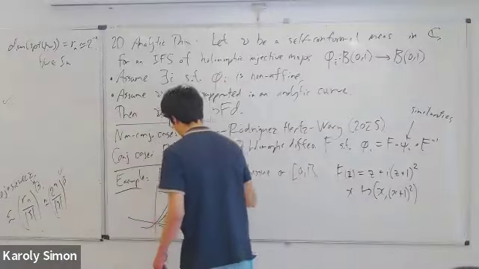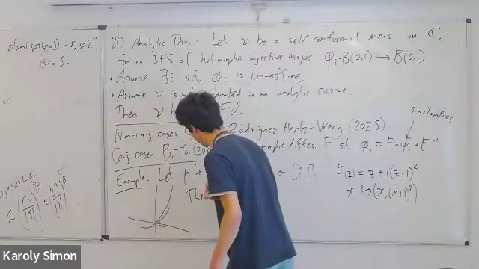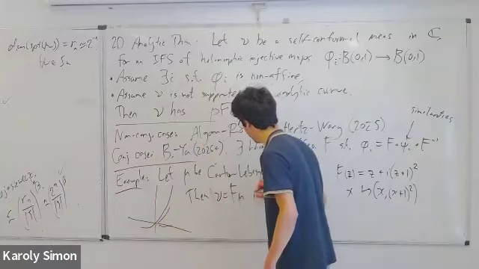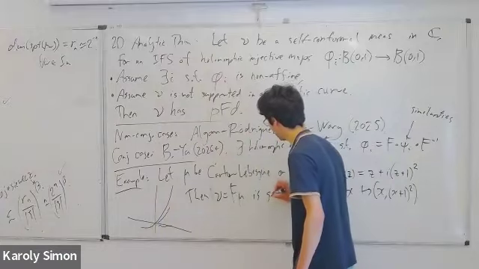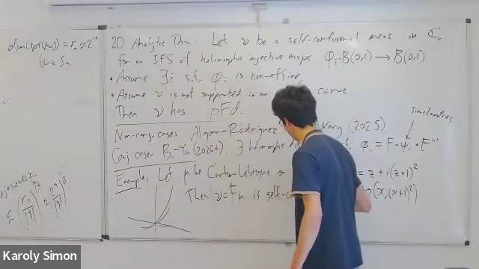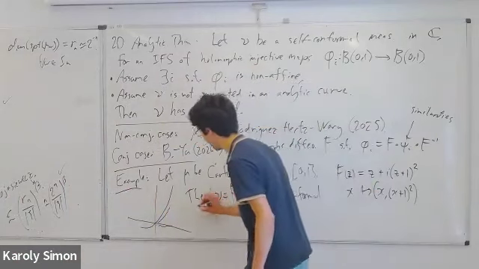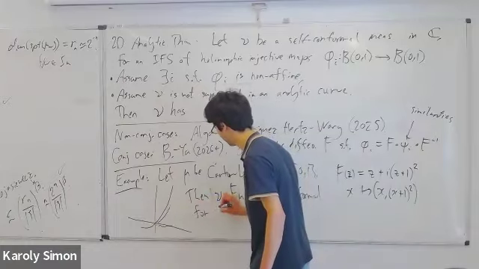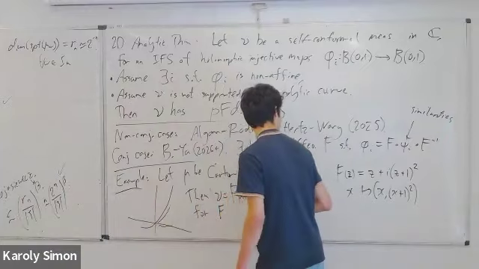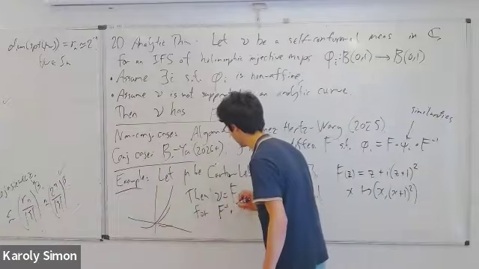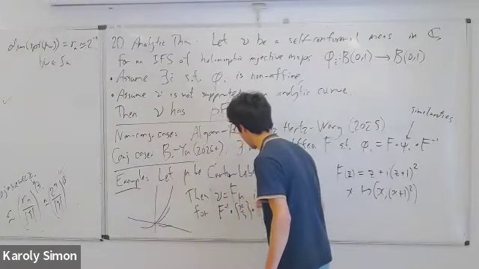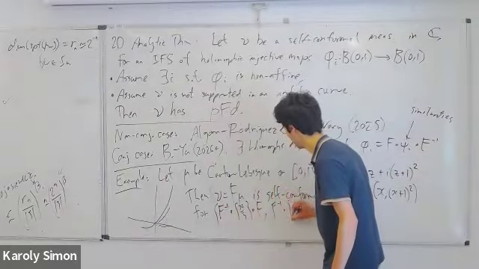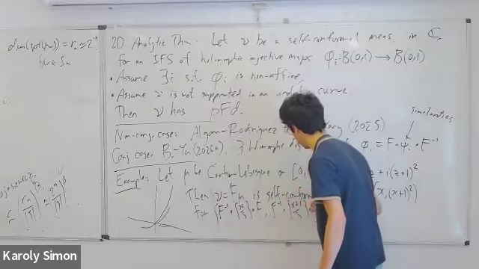Then mu tilde, which is equal to f pushforward of mu, is self-conformal for the conjugate IFS: f inverse composed with x over 3 composed with f, and the other map is f inverse composed with (x plus 1) over 3 composed with f.